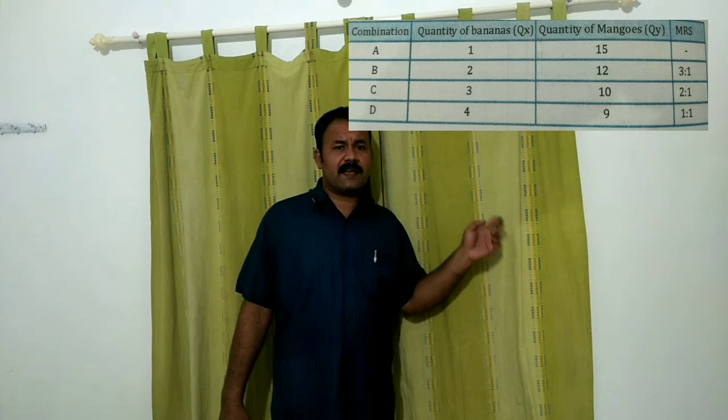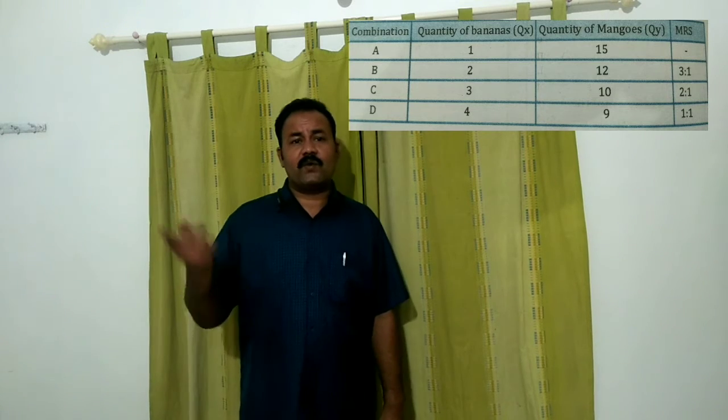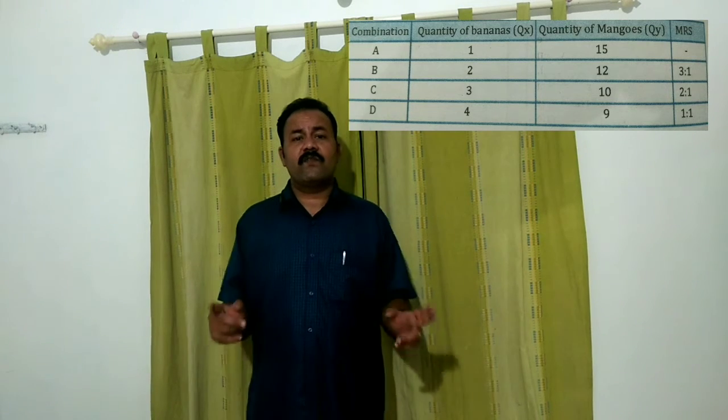In the second case we can see that for adding one more unit of banana, we want to forego 3 units of mangoes. So here marginal rate of substitution is 3:1. In the next case we can see marginal rate of substitution is 2. Here marginal rate of substitution is 2:1.